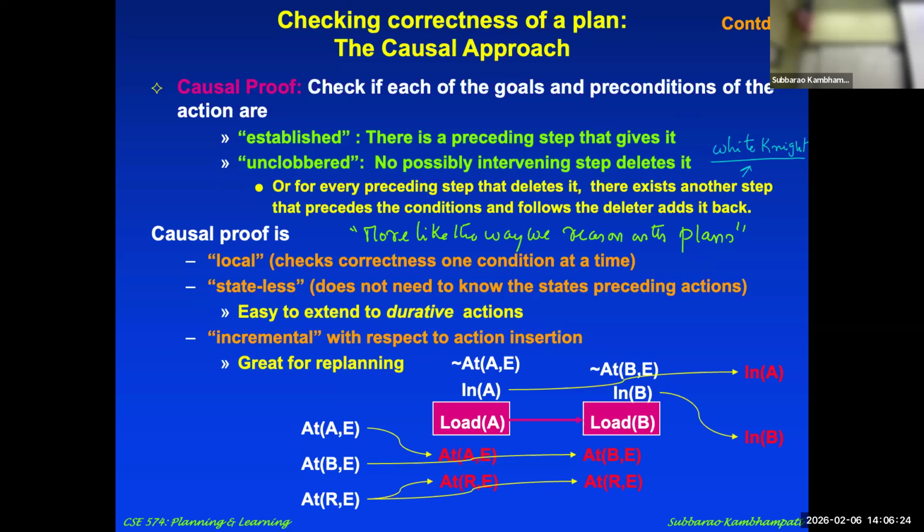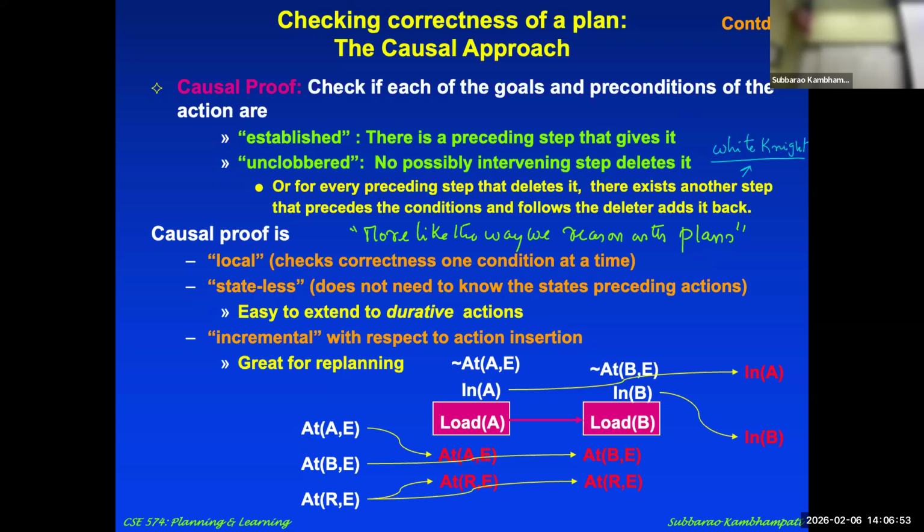Conditional effect says J implies not P. Remember conditional effects? If I'm hungry, I'll eat up chips. So J implies not P. That's a conditional effect. Now, this is a potential threat because you don't know if J is going to be true. And if J is going to be true, this guy is going to kill the P.